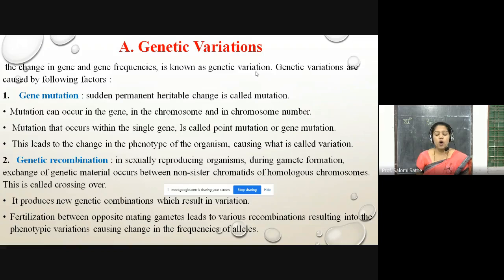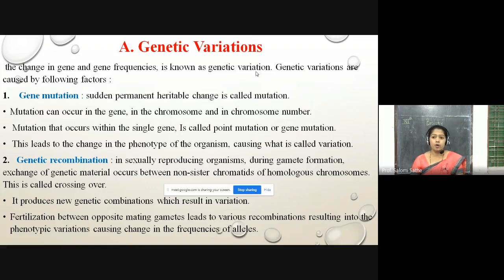Occurs between non-sister chromatids. We know that there are 23 pairs of chromosomes in human beings. The last pair, the 23rd pair of chromosomes, is responsible for sex determination, or it is called the sex chromosome.